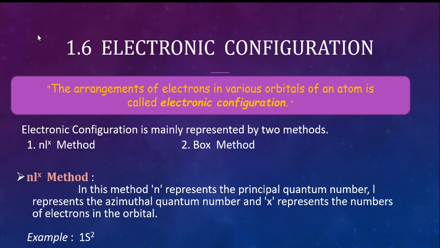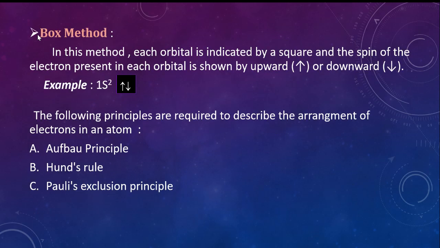Now we will see the first method, that is the NLX method, where N represents the principal quantum number and L represents the azimuthal quantum number. Now we will move to the next type, that is the box method. In this method, each orbital is indicated by a square. The orbital is represented by a square, and the spin of the electron present in each orbital is shown by an upward or downward arrow.